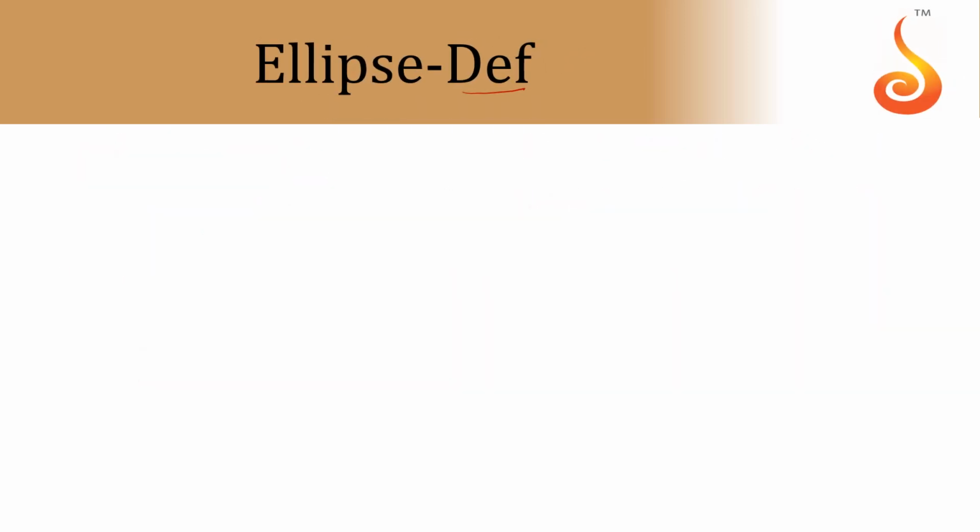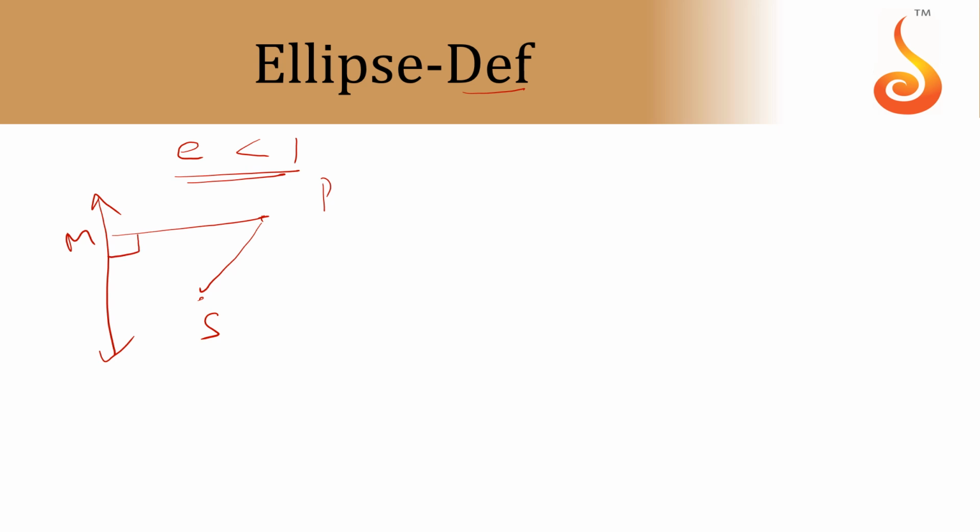Okay, now let us see the ellipse. The definition of ellipse, you know: if SP by PM, that is the eccentricity e, is less than 1, where S is a fixed point and there is a directrix, then SP by PM will be less than 1.